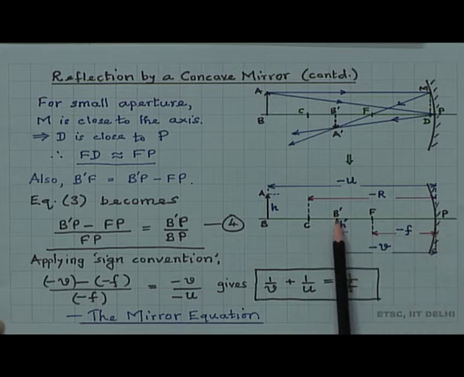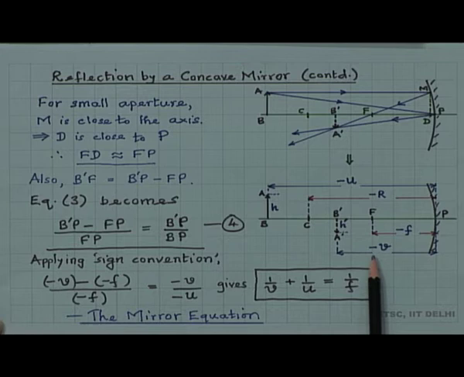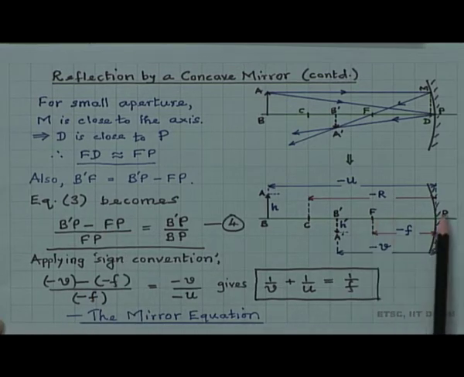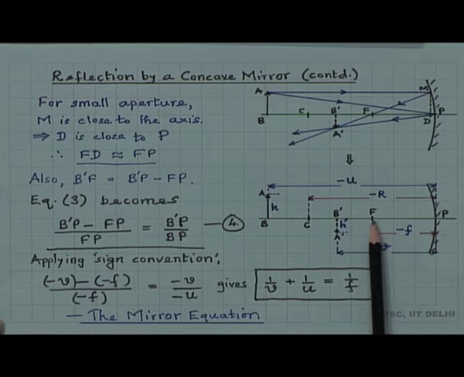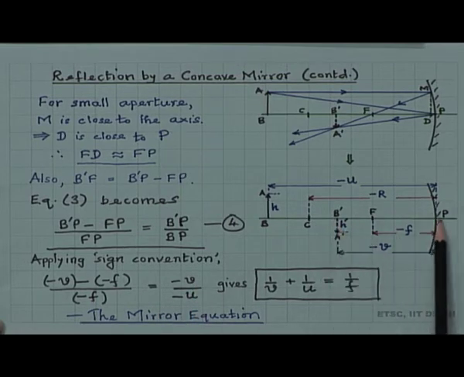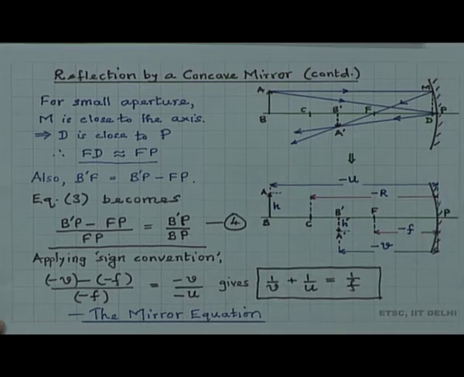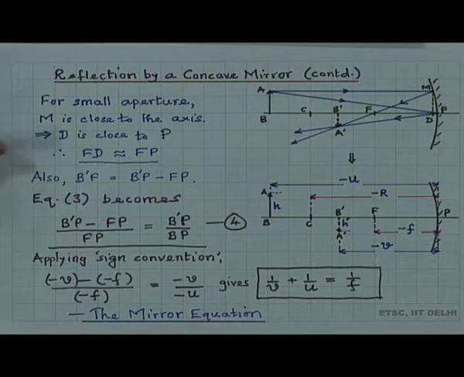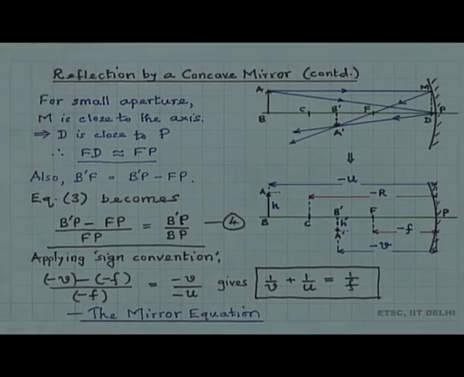The coordinate of B' is minus v. So, minus v minus FP, FP is minus f, the coordinate of F is minus f, divided by FP minus f, which is equal to minus v by minus u, B'P divided by BP, BP is minus u.